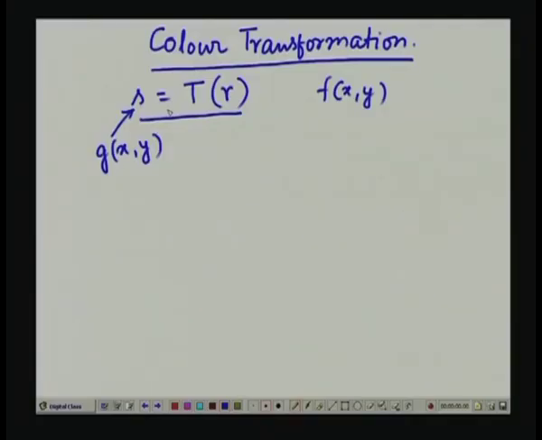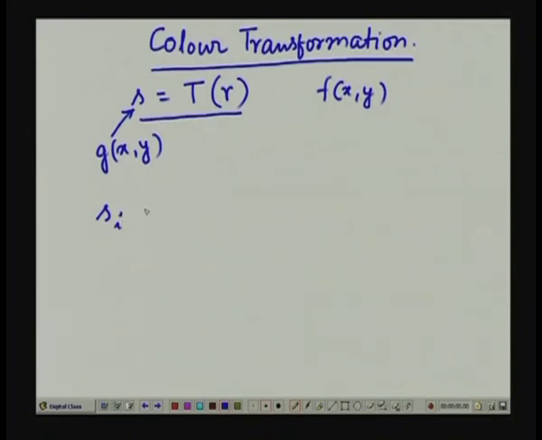Now, we can extend the same idea to our color processing techniques. In case of an intensity image, we had only one component, the intensity component. In case of a color image, we have more than one component, maybe RGB components if the color is specified in RGB space, or HSI components if the color is specified in HSI space.